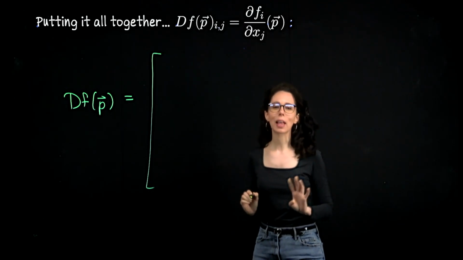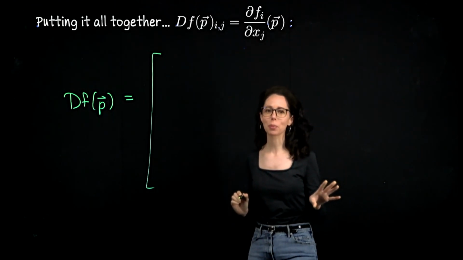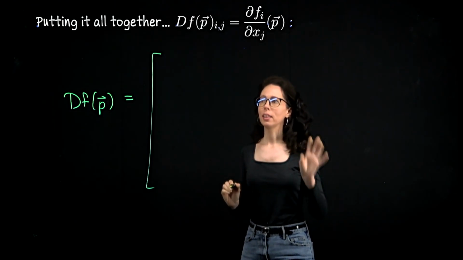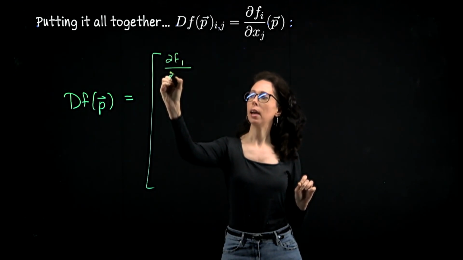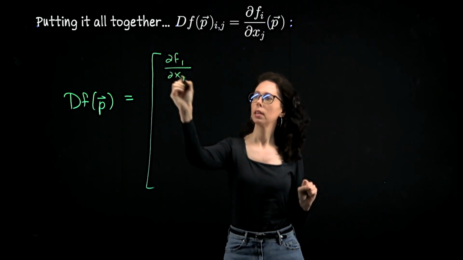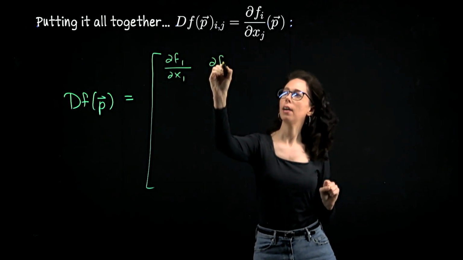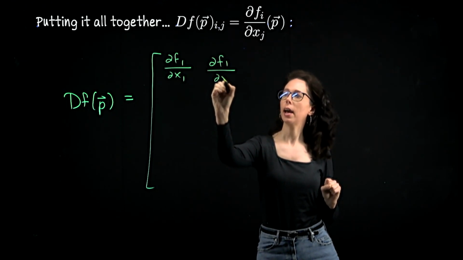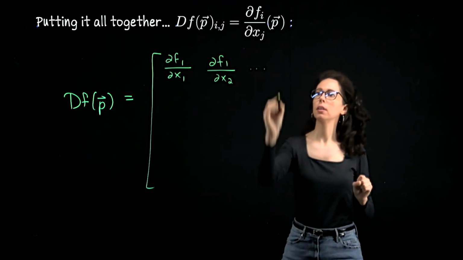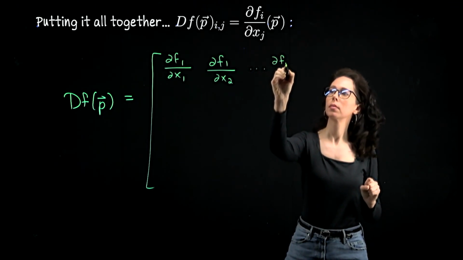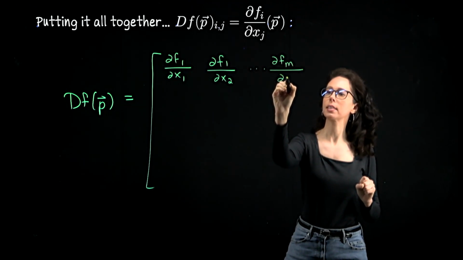I will use Leibniz notation here, and I will use subscript notation for our example. In Leibniz notation, that would be df_1/dx_1, and then df_1/dx_2, all the way through df_m/dx_n.